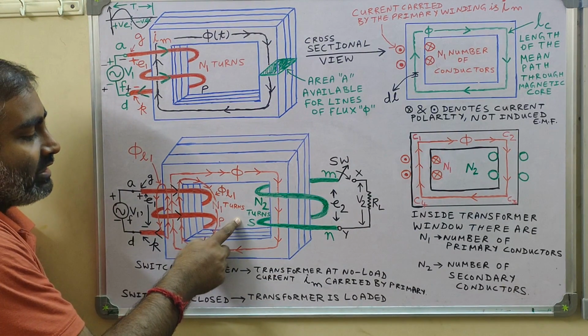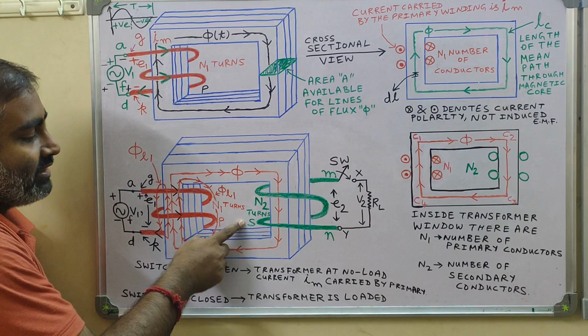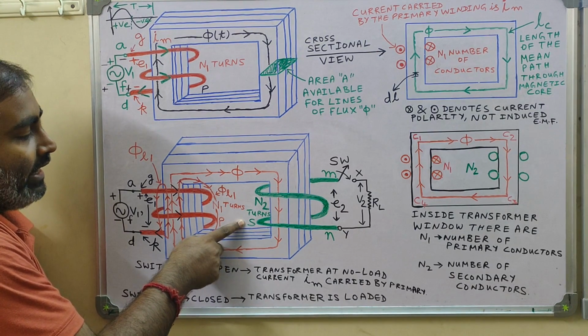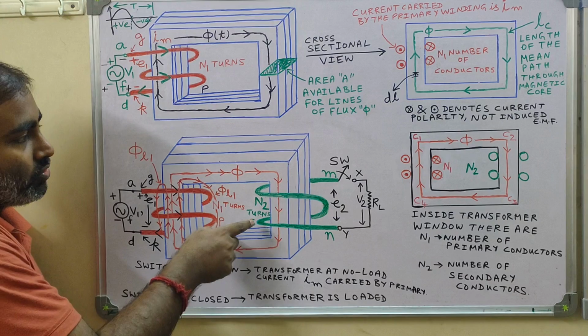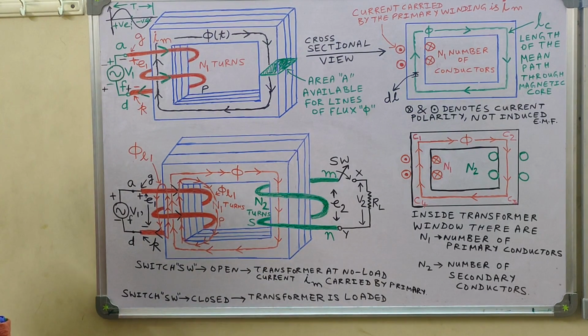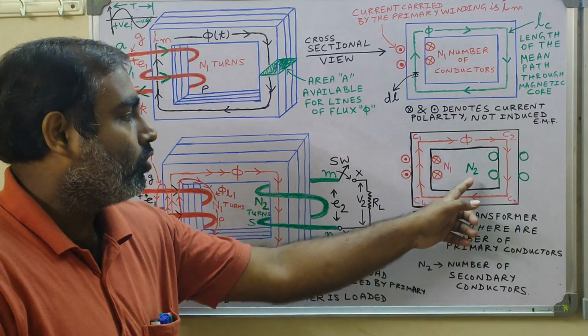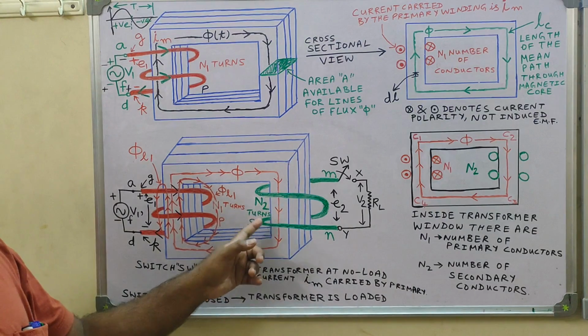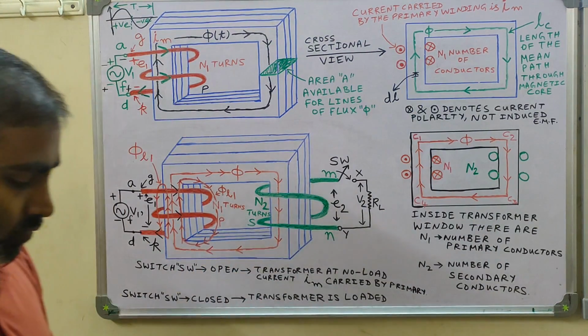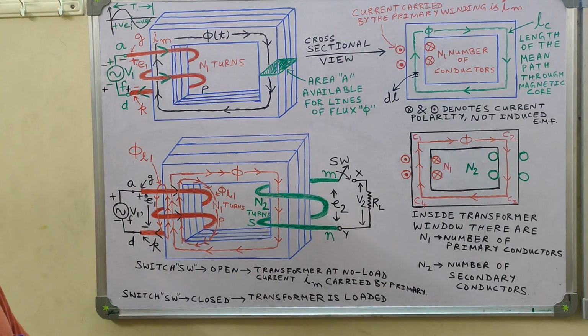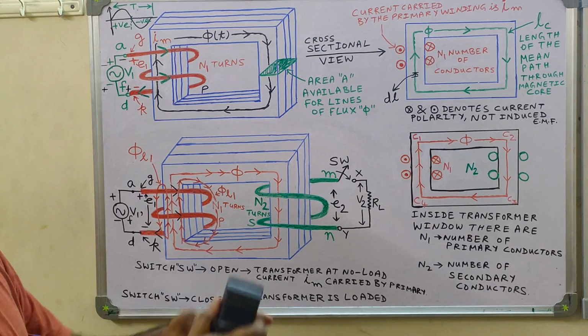Likewise, the secondary winding S has N2 turns, so the number of conductors belonging to the secondary winding in the transformer window will be N2, because N2 is the number of turns of the secondary winding.